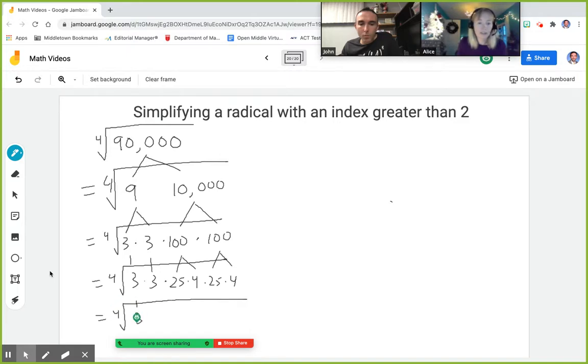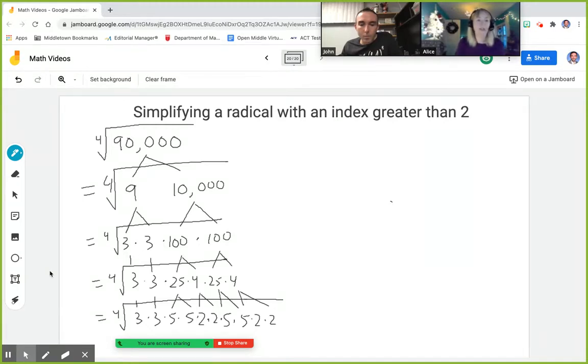So the 3's come down. 25 can be split into 5 times 5. 4 can be split into 2 times 2. It's like hanging wallpaper where it gets more and more off kilter. 5 times 5. And then 4 way over there is 2 times 2. Okay, so now I'm down to only prime numbers.